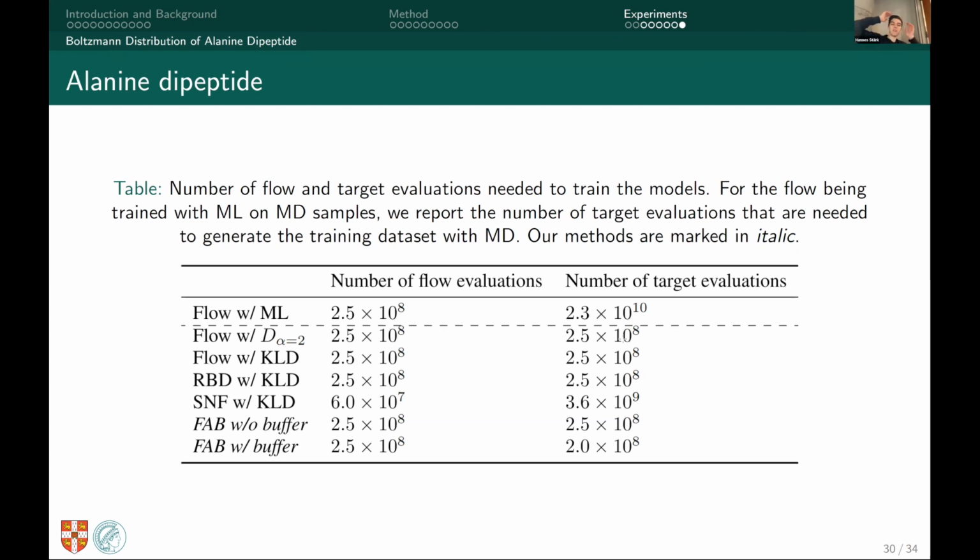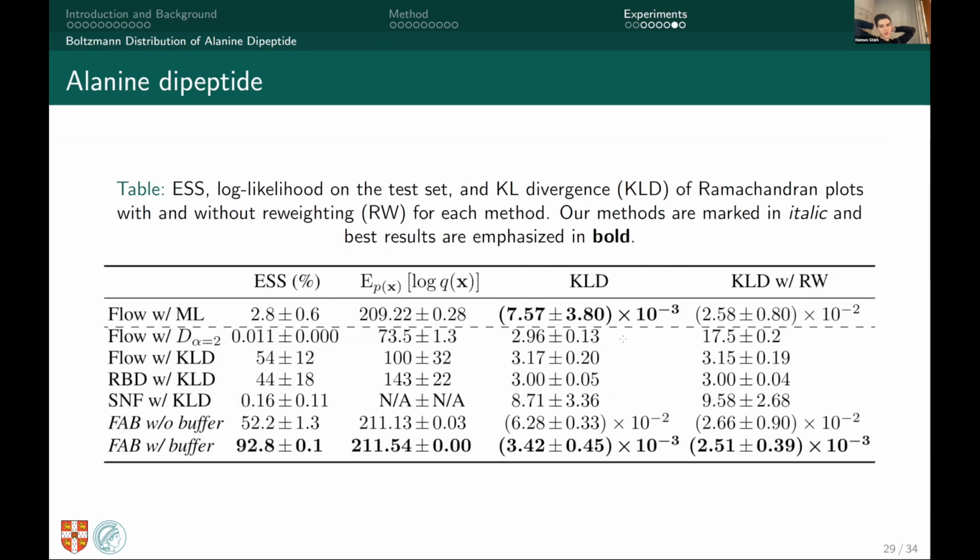The last thing I'm still wondering about is the comparison of the flow with, wait a second, in the previous table, do you have the flow with forward KL divergence? Oh yeah, you have it, right?